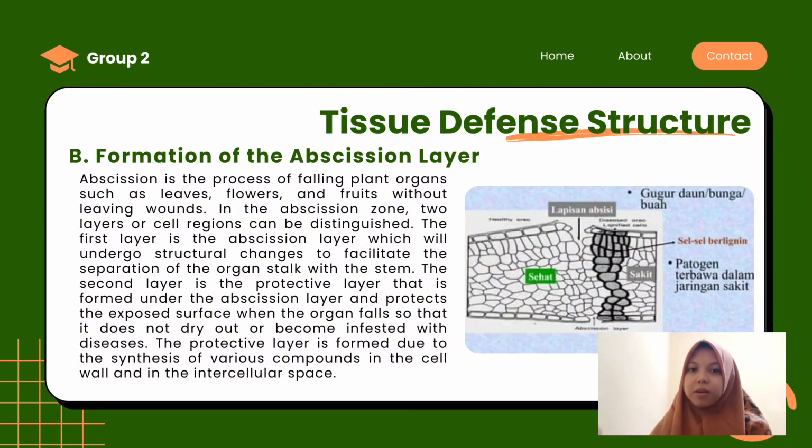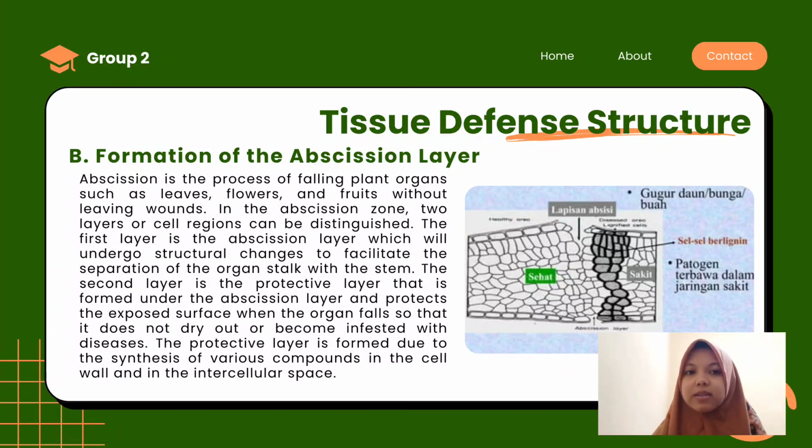B. Formation of the abscission layer. Abscission is the process of falling plant organs such as leaves, flowers, and fruit without leaving roots. In the abscission zone, two layers or cell regions can be distinguished. The first layer is the abscission layer, which will undergo structural change to facilitate the separation of the organ stalk from the stem.